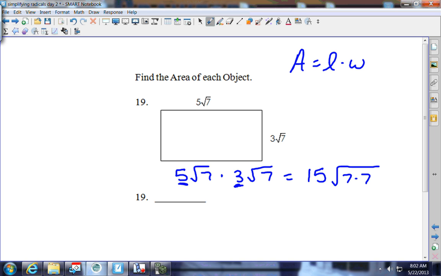What happens now? Take it out. These are partners. So all I have is 15 times 7 because there's nothing left underneath the square root sign. What is 15 times 7? 105. So the area is 105.